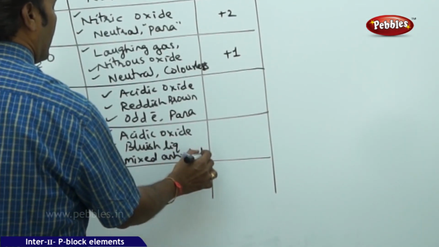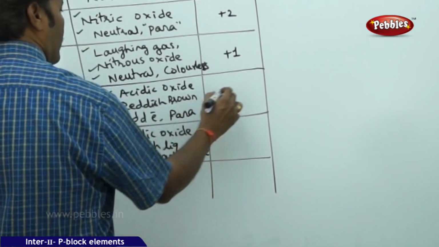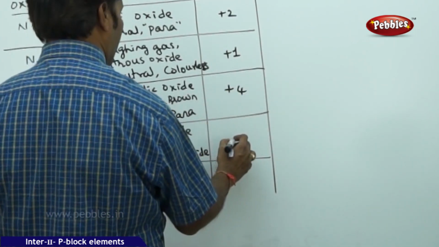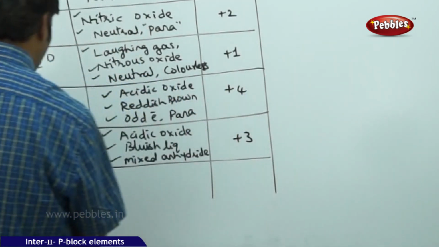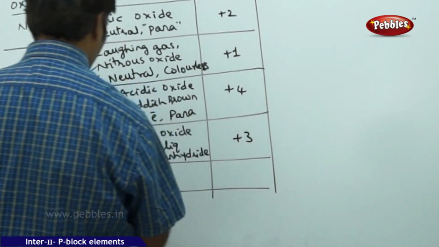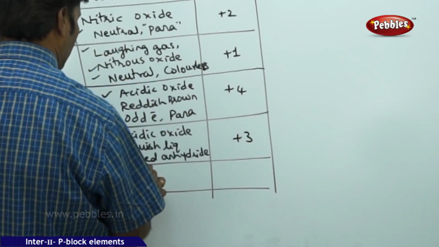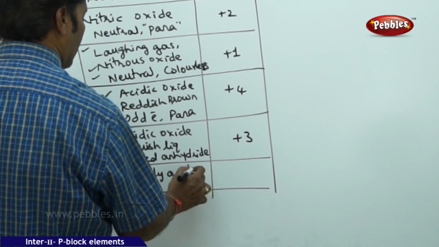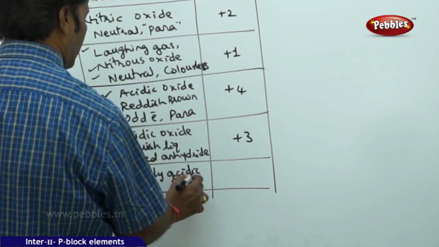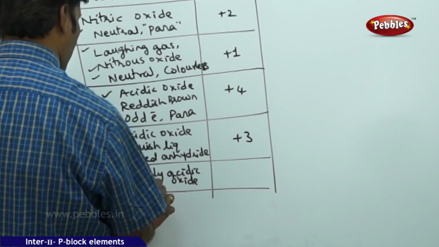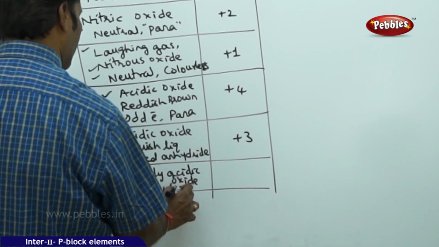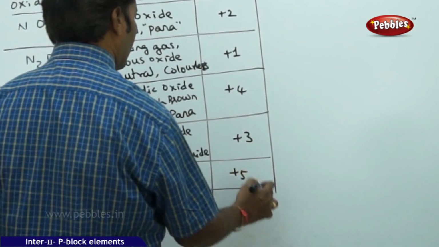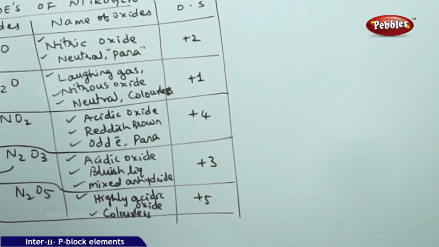Here the oxidation state is +4 and here again the oxidation state is +3. And the last one is nitrogen pentoxide. This is a highly acidic oxide and it is colorless. These are some of the important characteristic features, and it is +5 oxidation state.